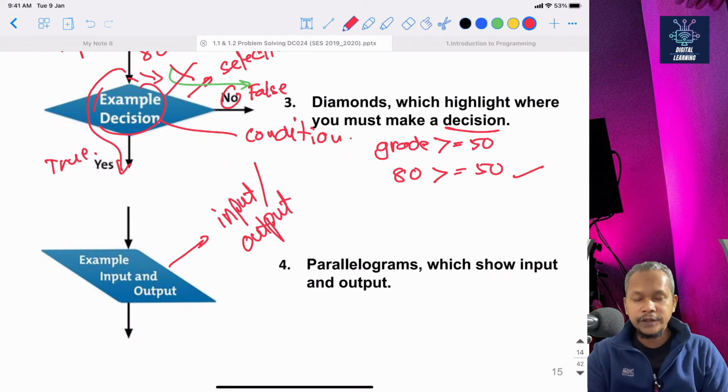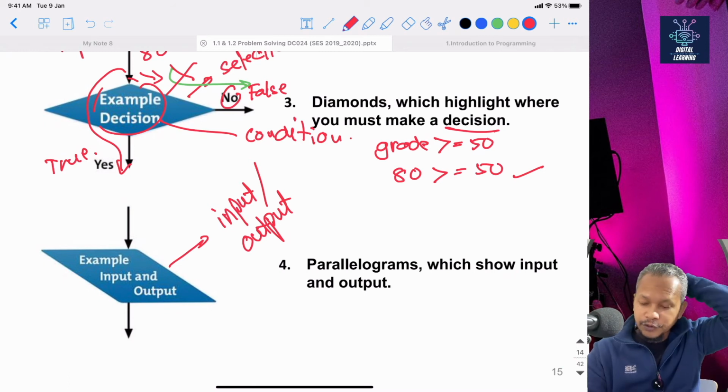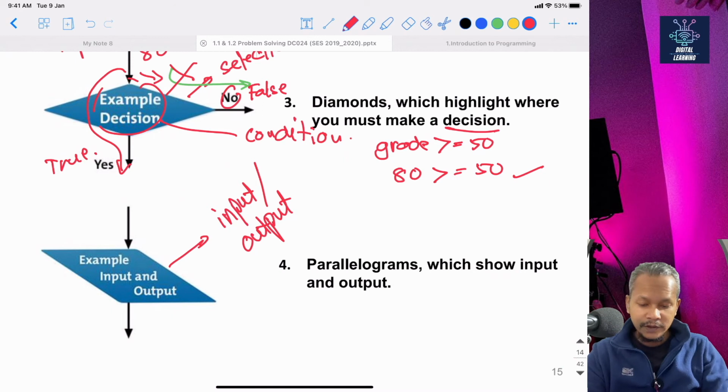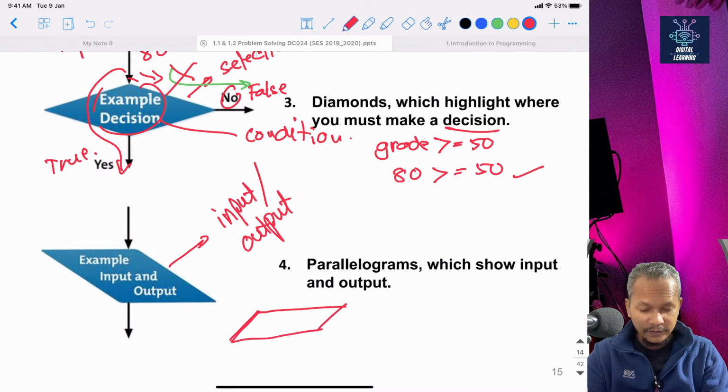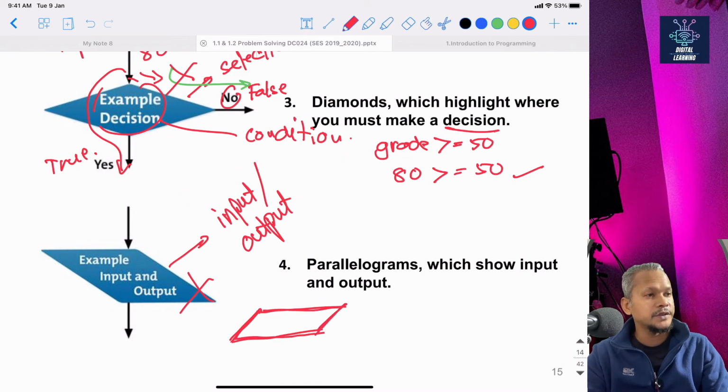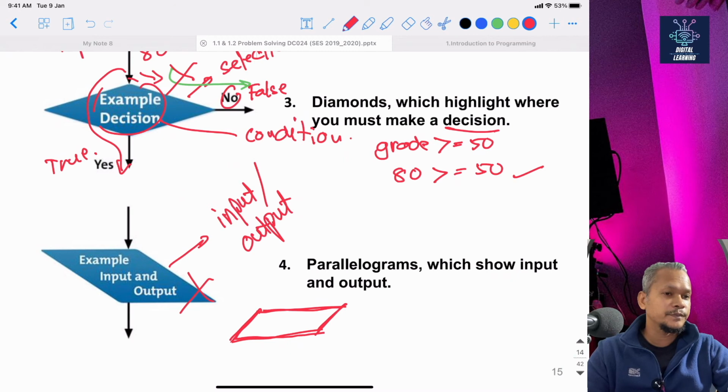So something you need to enter, the value or any input to the computer system, you need to use this parallelogram. I think the diagram is like this, not like this. The parallelogram seems like this. I will check on the internet.